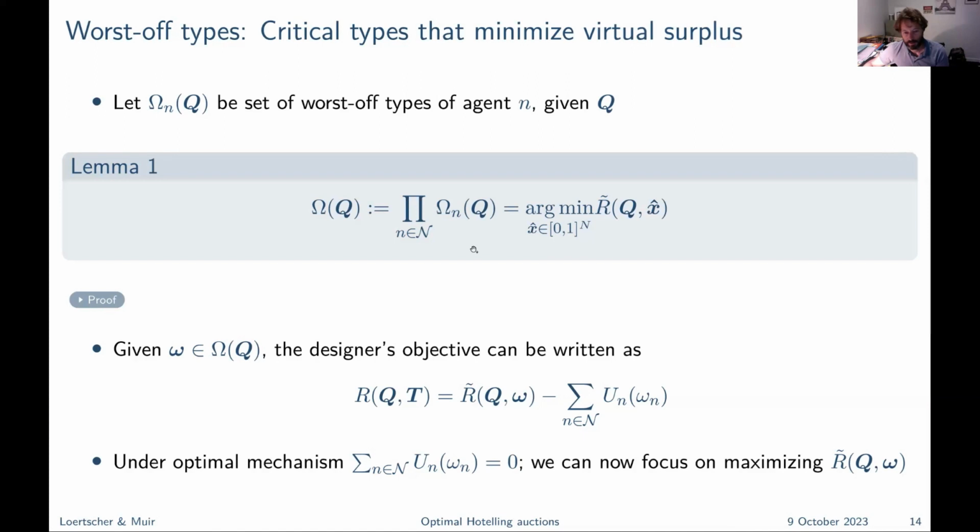And with that at hand, you can write the expected revenue for a mechanism with an allocation rule Q and a transfer rule T as the difference between the virtual surplus evaluated at these worst-off types minus the sum of these interim expected utilities. And in an optimal mechanism, you're not going to leave any money on the table, so you make the IR constraint binding. So this term here will be 0.